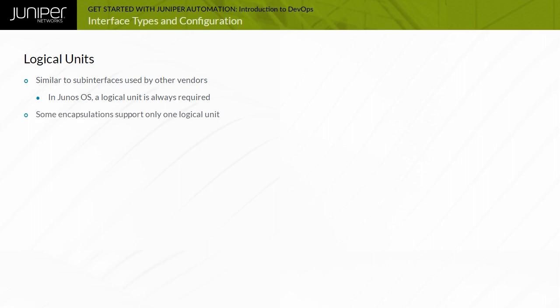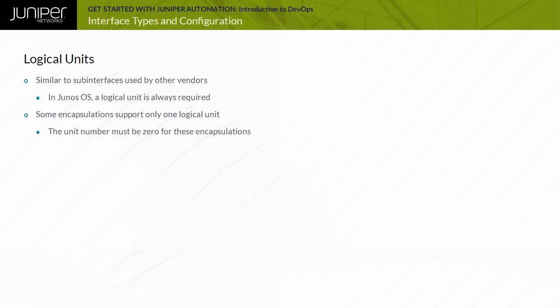Some encapsulations, such as the point-to-point protocol or PPP, and the Cisco High-Level Data Link Control or Cisco HDLC protocol, support only a single logical interface, and its logical unit number must be 0.